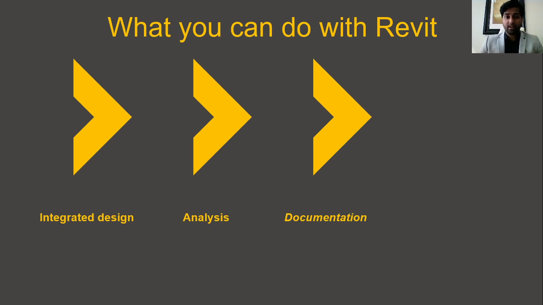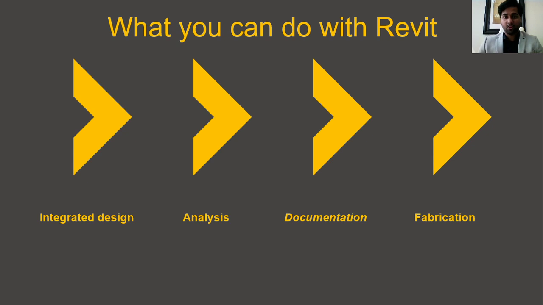We can convert our 3D files into 2D drawings or detailed drawings, which can be helpful for the construction people. And for that, we need to document the file. So directly from Revit, we can actually convert those models we created into 2D files.